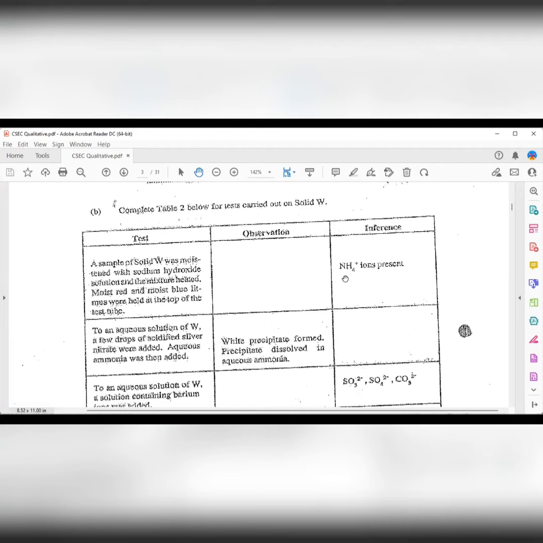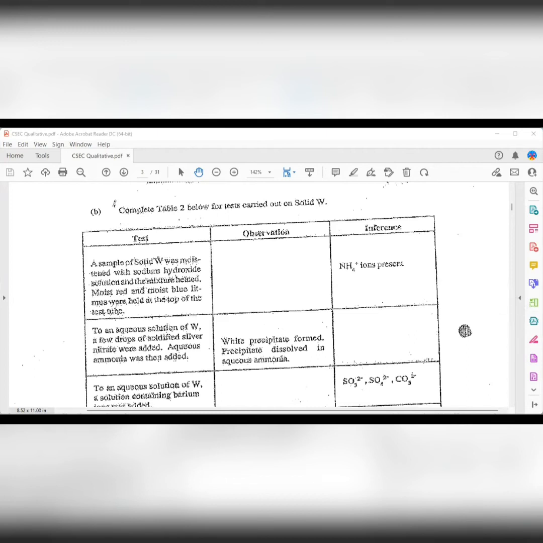It says ammonium ions present. So if ammonium ions are present and you test for ammonia, you're testing with sodium hydroxide. You know you're testing for cations with sodium hydroxide. So with the ammonium ion, you're not going to get any precipitate. Okay? No precipitate with sodium hydroxide.